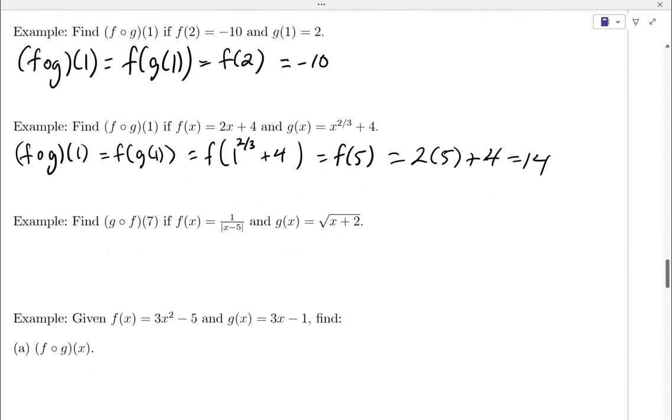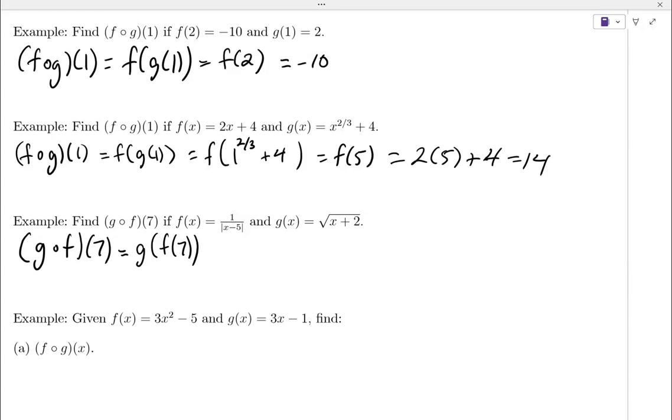Let's do the next one. This one asks for G composed with F of 7. So by definition, what is this equal to? G of F of 7, right?